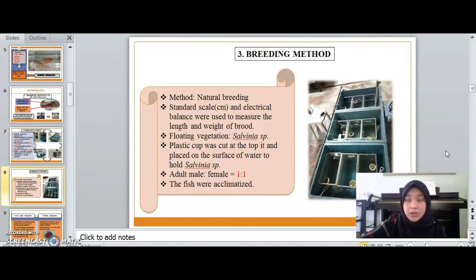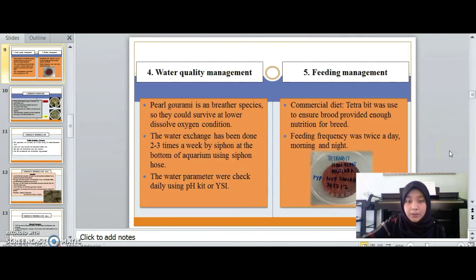The adult male and female ratio is 1:1, and fish were acclimatized at the beginning of the experiment.